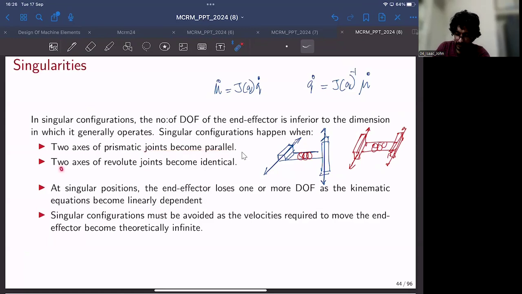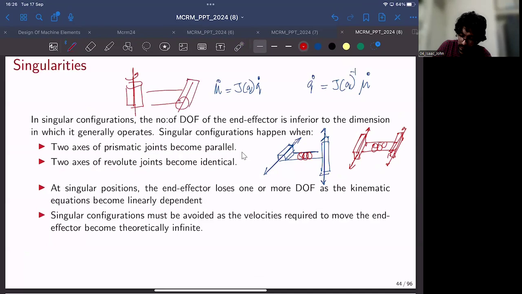Or the same thing happens when two revolute joints become identical. For example, if you have a revolute joint like this, going vertical, and there is also another revolute joint like this, going out of plane like this. And there are some intermediate joints in between like this. So this can have two rotations, one about this axis and one about this axis, which is out of plane.